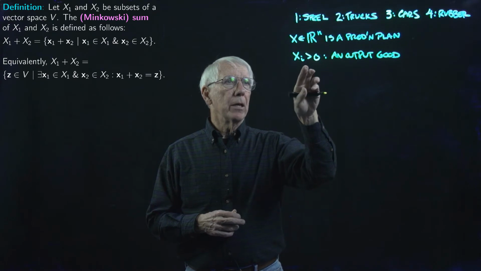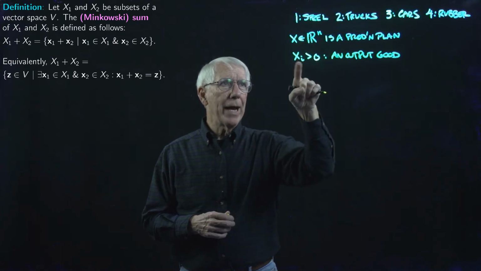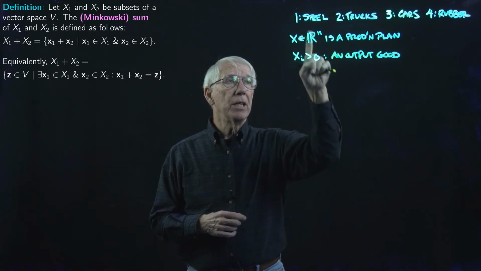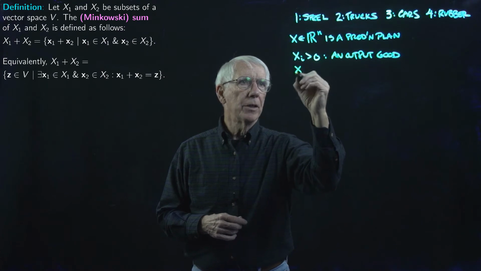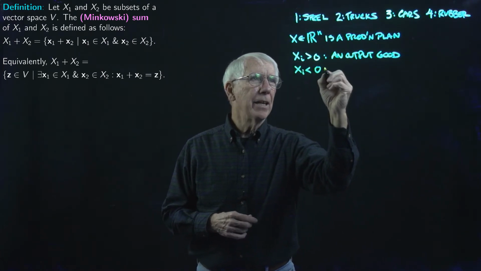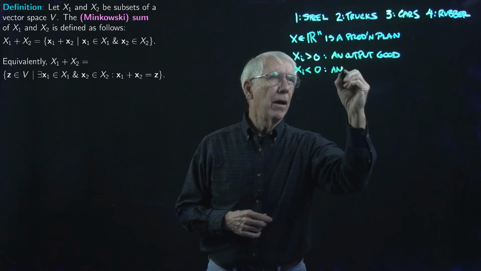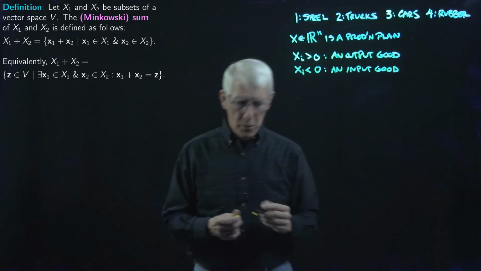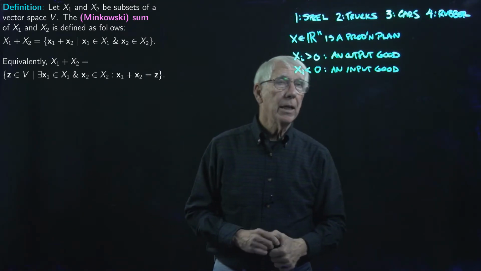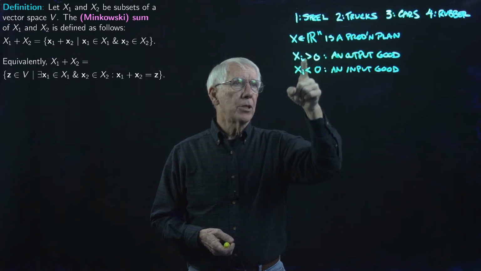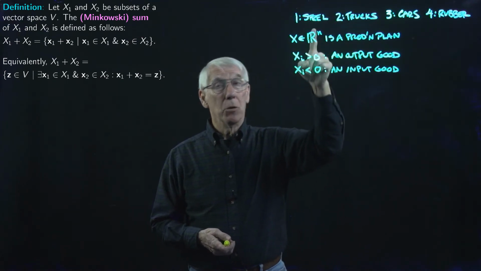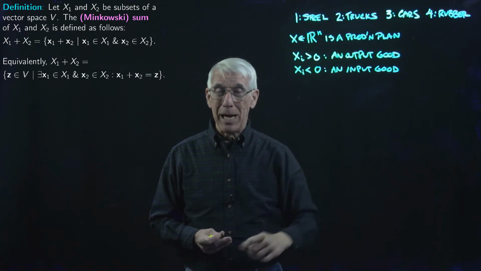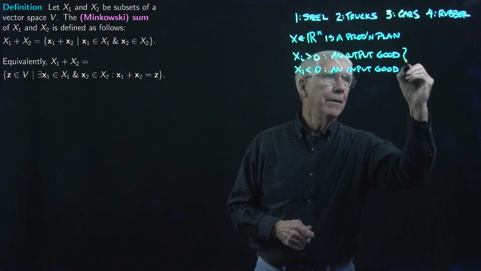So if good number 1 is steel, and X1 is a positive number, then that's telling me that's a production plan in which steel is an output. And then we're going to say if Xi is negative, that says we have an input good. So for the 2 firms we started with at the beginning, steel was an input, so that would have been negative, and trucks were the output, and that would have been positive.